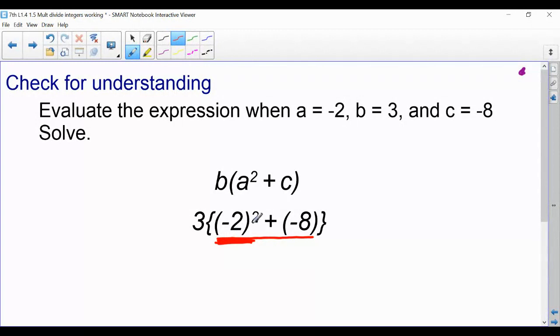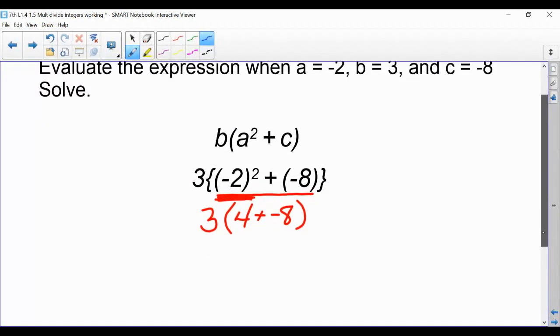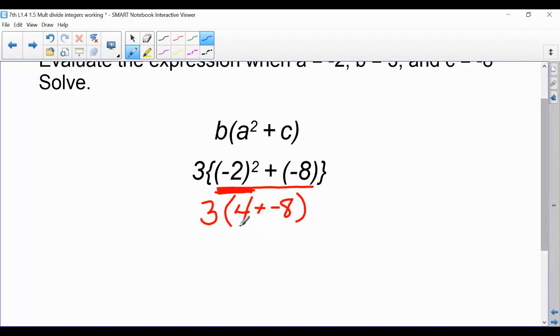So negative 2 squared is negative 2 times negative 2, which gives me a positive 4. And then I need to bring down everything else that's still inside of the parentheses. Because now I have a parentheses problem. So looking at order of operations, I need to do that first. We have 4 plus negative 8. Different signs, find the difference. 8 minus 4 is 4. Answer gets the sign of the larger value, so it's negative 4.